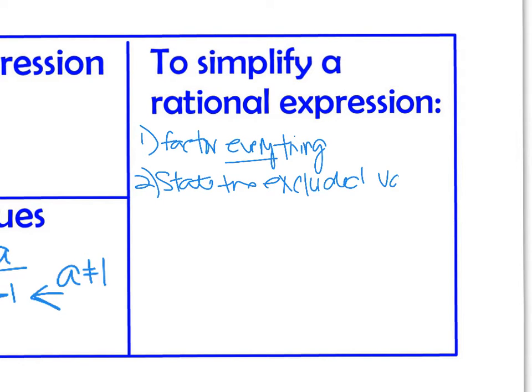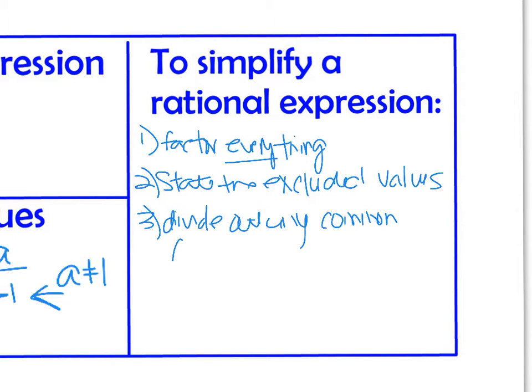So figuring out what my variable cannot be. The next thing we're going to do is simplify by dividing out any common factors. Divide out any common factors. And then lastly, sometimes you won't have to do this, but a lot of times you will. We want to simplify.